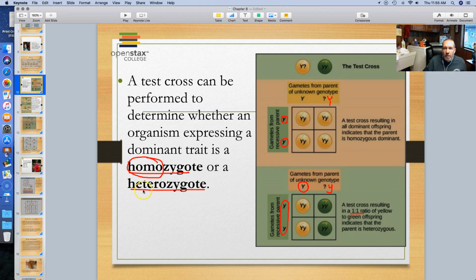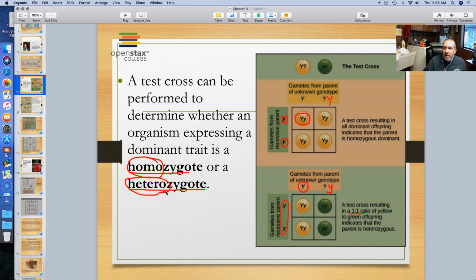When we have combinations of dominant and recessive alleles in one offspring, we refer to that combination as being heterozygous, meaning different or two.